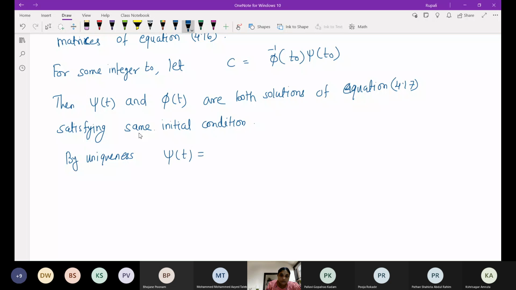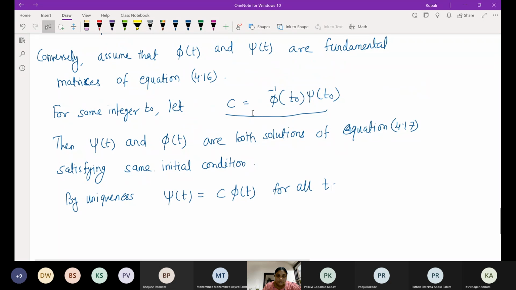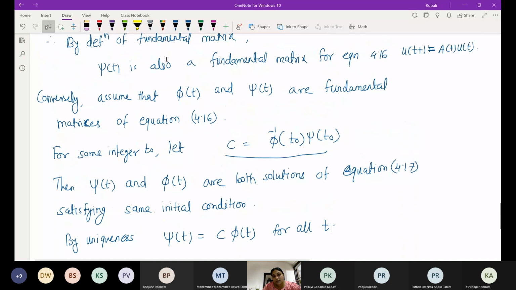Psi t must be equal to C times phi t, for all t. Is that okay? Initial value problem.